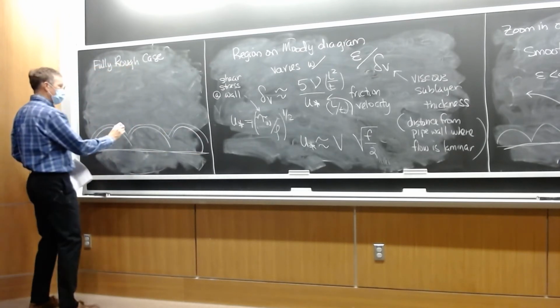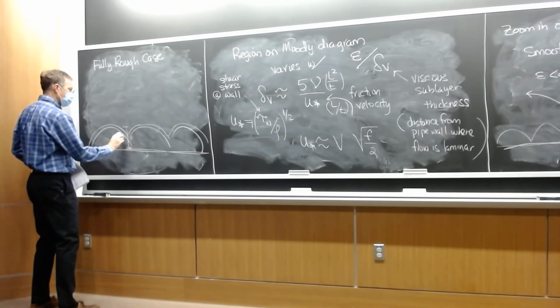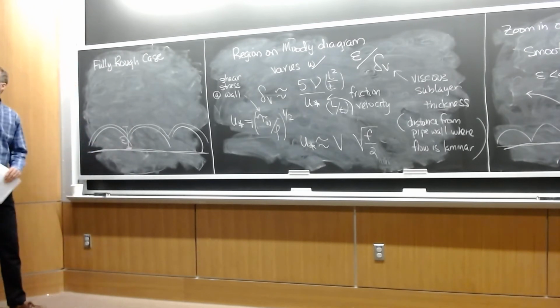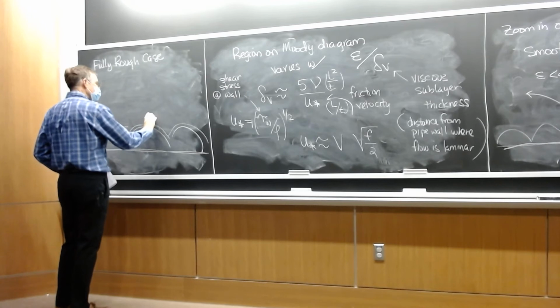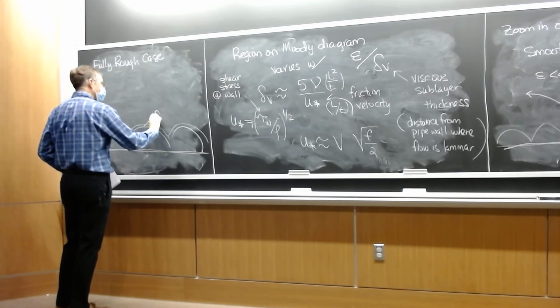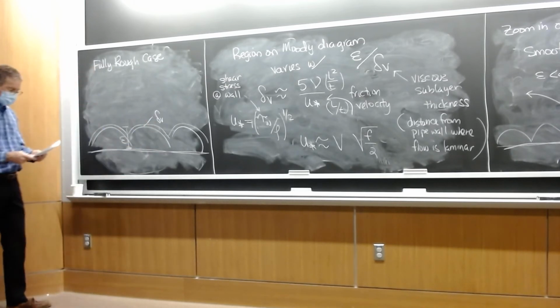So here's our epsilon, and then this thickness is our viscous sublayer.